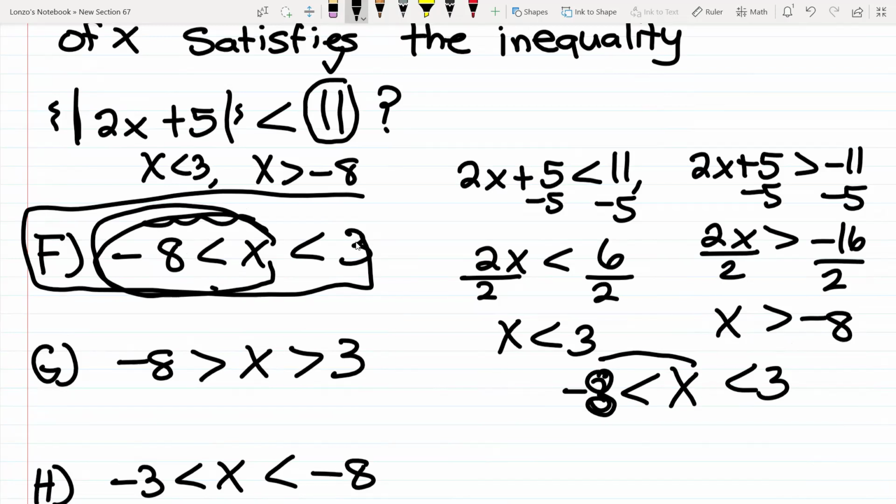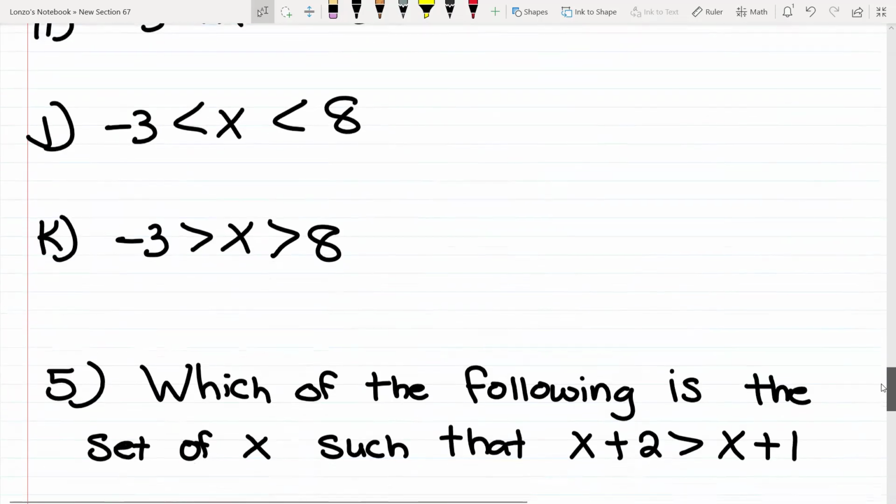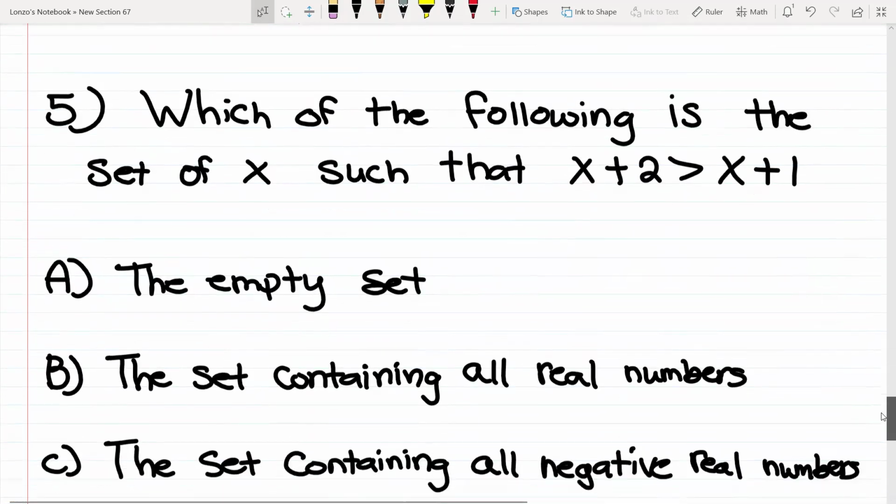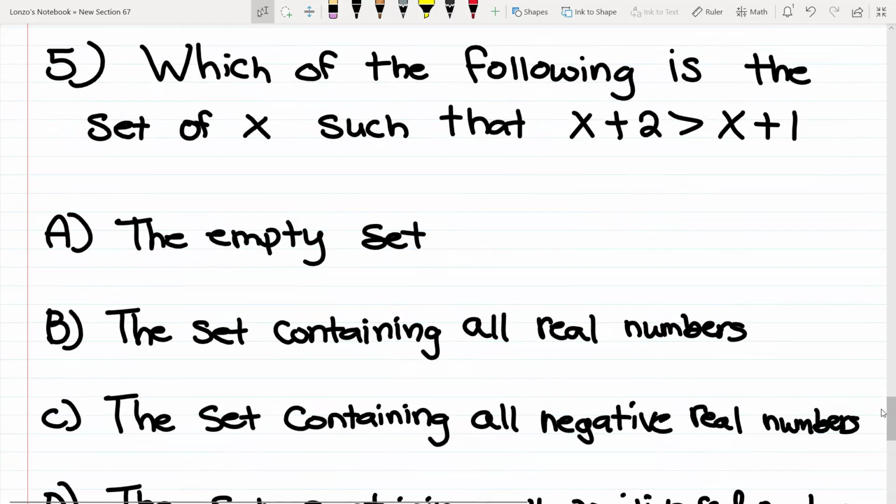Okay, let's do the last one. Question 5. Which of the following is a set of x such that x plus 2 is greater than x plus 1?